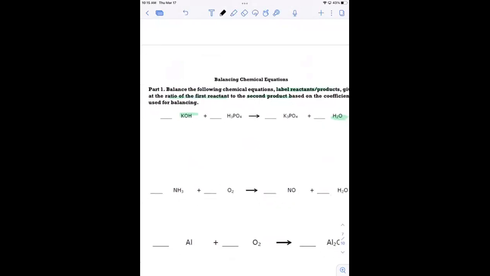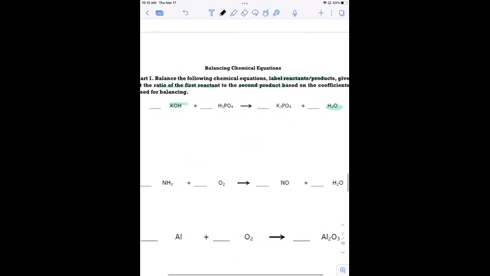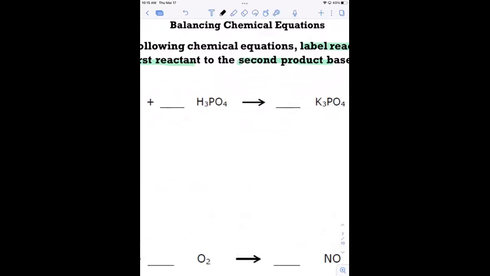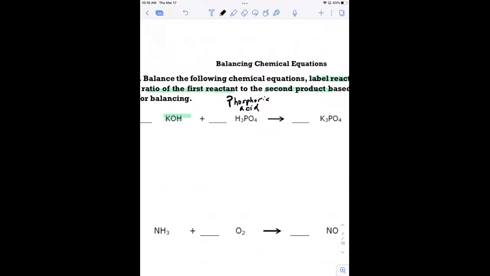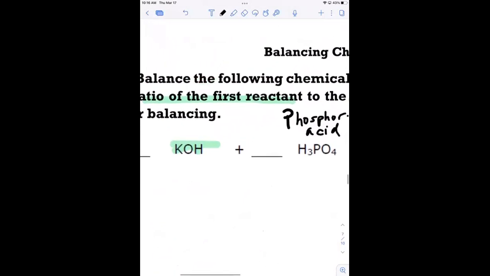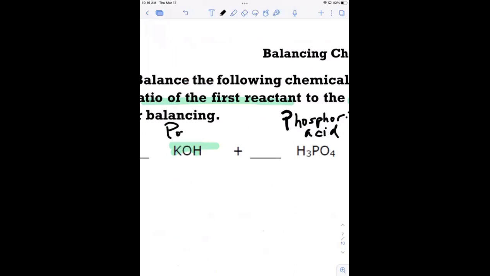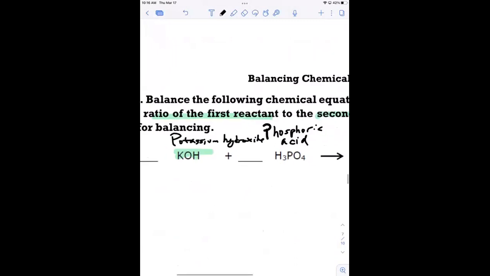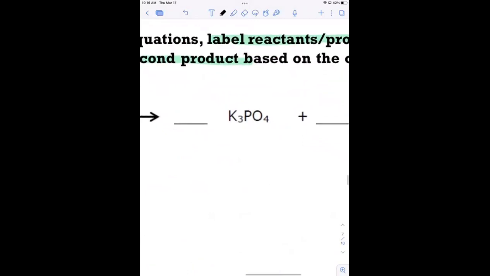All right, so we have KOH, we have phosphoric acid. Let me give you the name because there's another word problem that has phosphoric acid in it. So this is what it looks like. So we've got phosphoric acid, potassium hydroxide, and that's going to give me potassium phosphate.